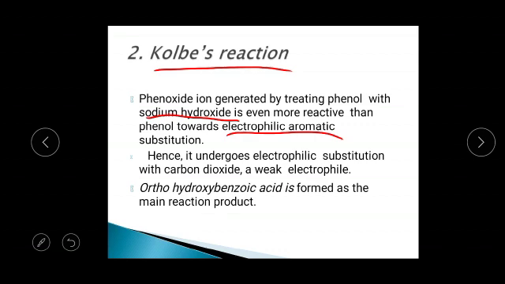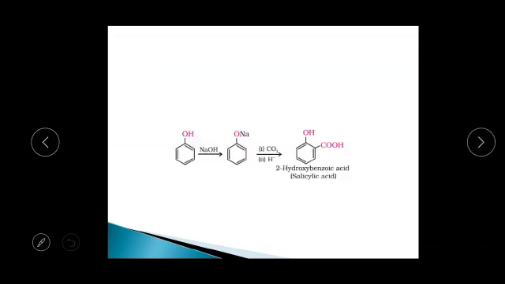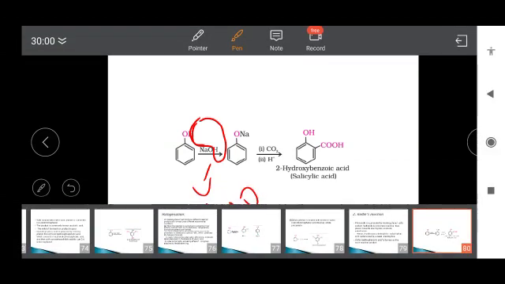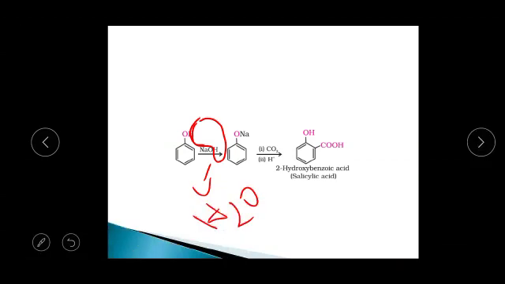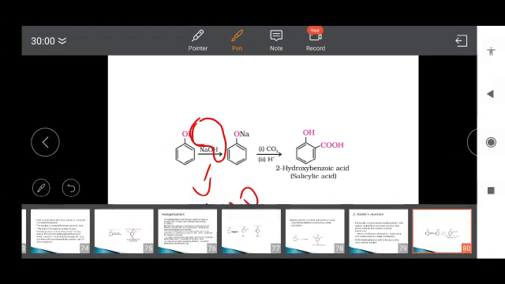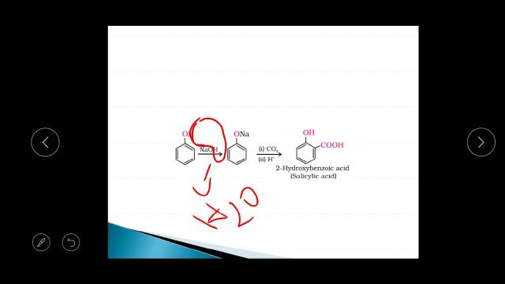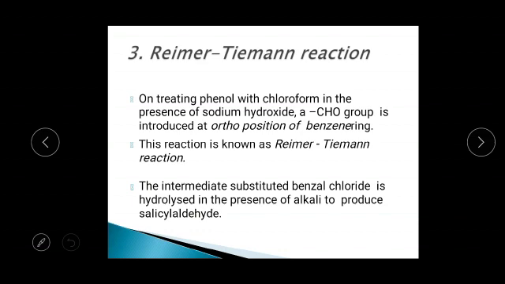The first step: phenol treated with sodium hydroxide gives sodium phenoxide, with this H and OH forming H2O, and Na attaching to the oxygen. In the second step, treating it with carbon dioxide followed by protonation gives salicylic acid, the compound containing OH and COOH on a benzene ring.